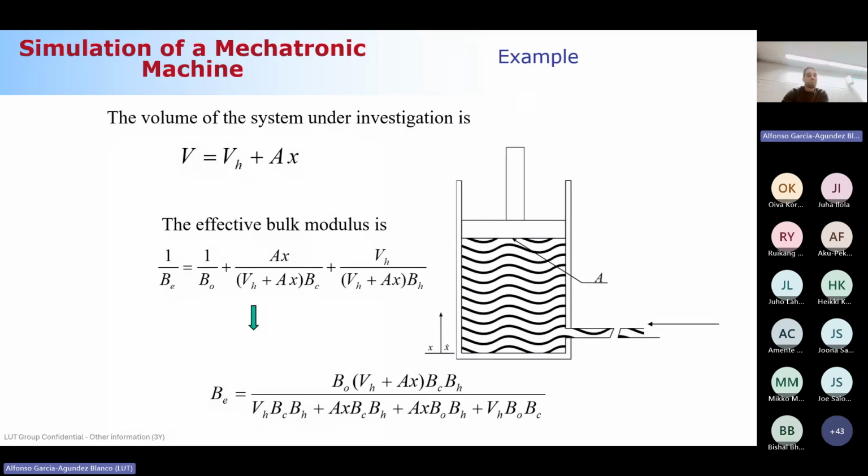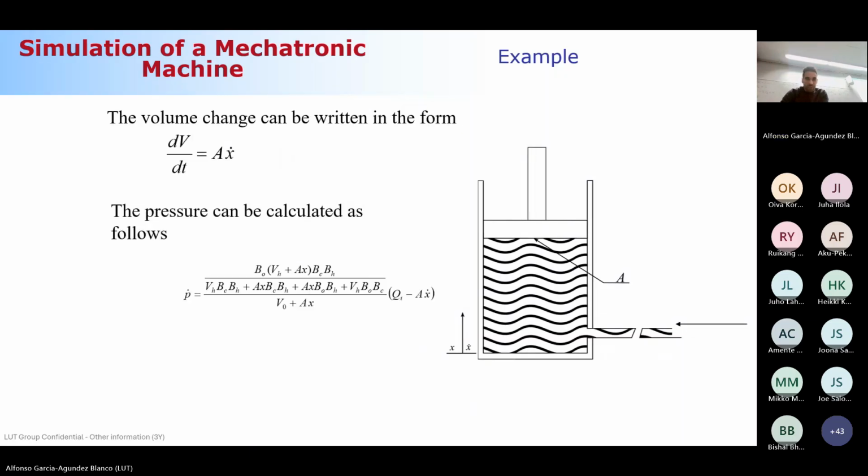And the final term that you have is the term related to the volume change because of the motion of the piston. So this is the volume change term. The time derivative of the volume in the chamber is the area times x dot. How do I obtain this?